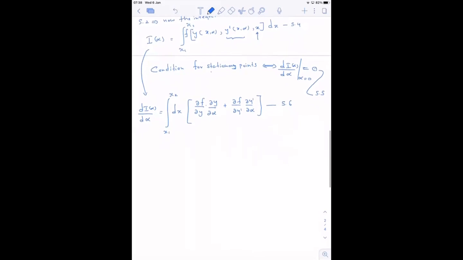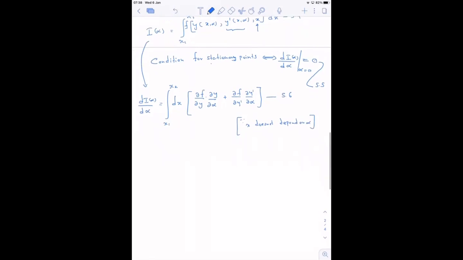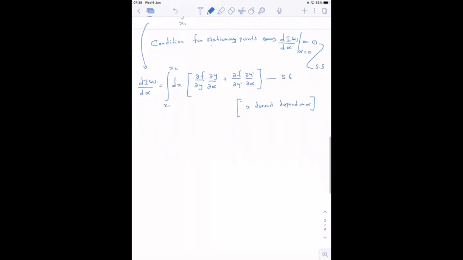Now from here on, let me just have a note here telling that x does not depend on alpha. Now let me take this second term only and see what we get.